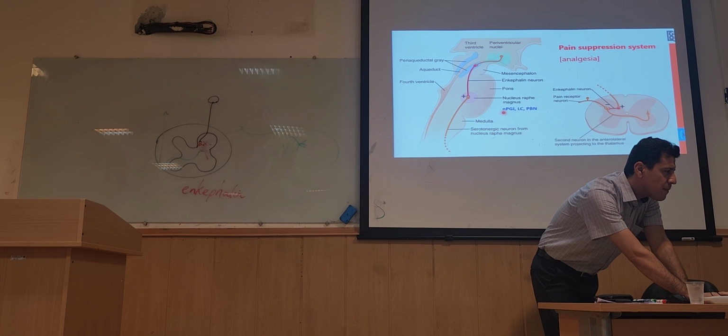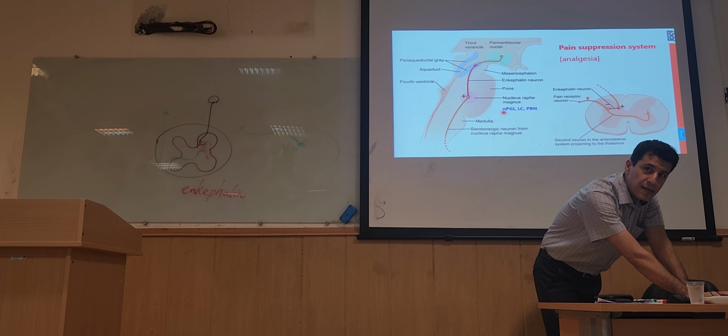So, when I ask you something like this, which one is not part of the analgesia system? A, enkephalinergic neurons in the PAG. B, enkephalinergic neurons in the spinal cord. C, serotonin neurons from the raphe magnus. D, C fibers in the dorsal horn.